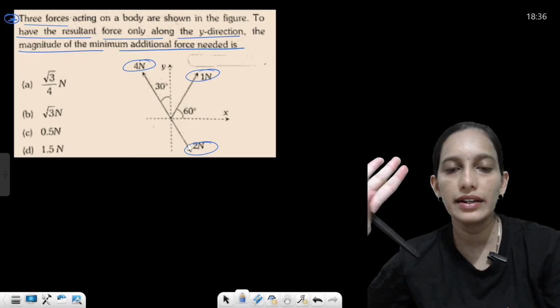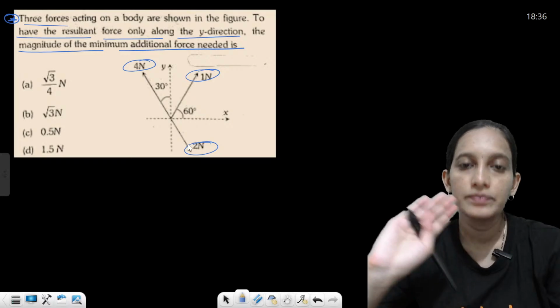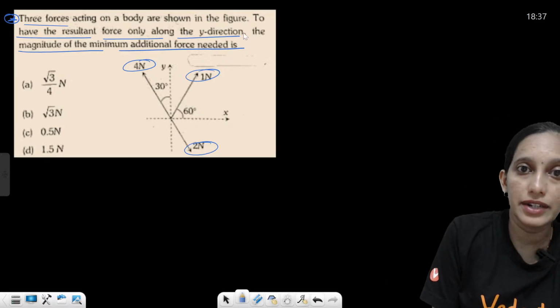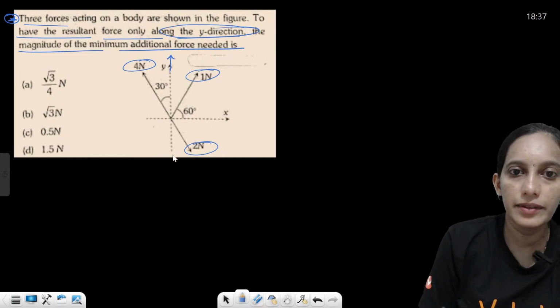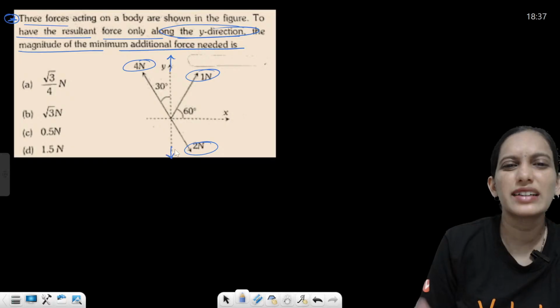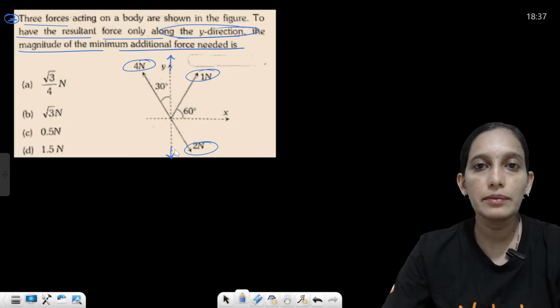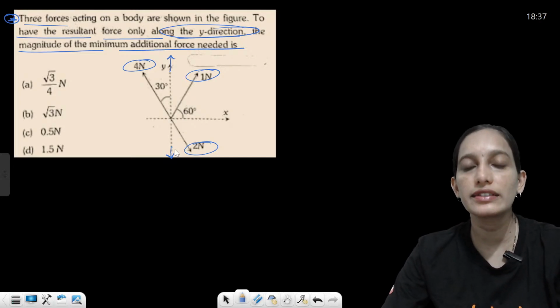The angles are marked, so we can clearly see from the diagram. If we add these three vectors, the resultant should be only along the y direction, either plus y axis or minus y axis. What should be the minimum additional force needed for that, they have asked.